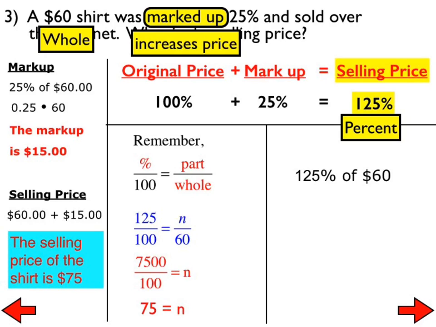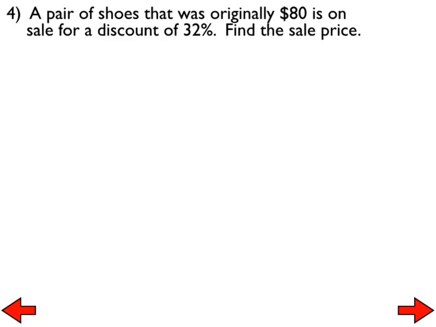So finding 125% of $60. The reason why that's the fastest way, and remember, the only reason we're doing it this way is because we're finding the selling price. This is the fastest way because you can do it in one step. And we find that by multiplying 1.25, which is 125% as a decimal, times 60, and that means we get $75. All right, everybody quickly try.